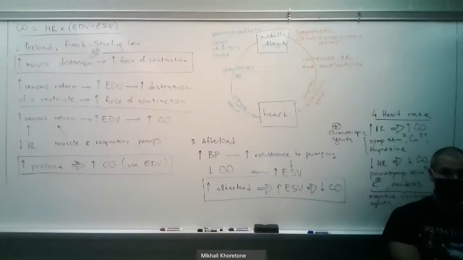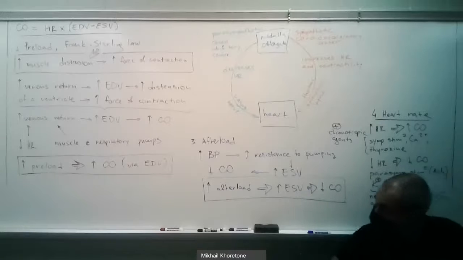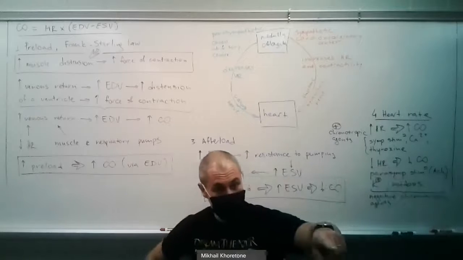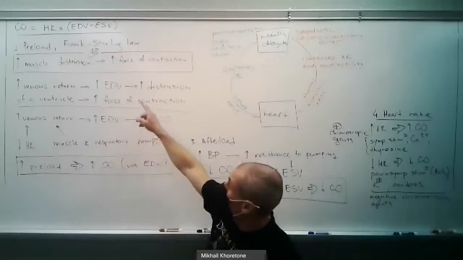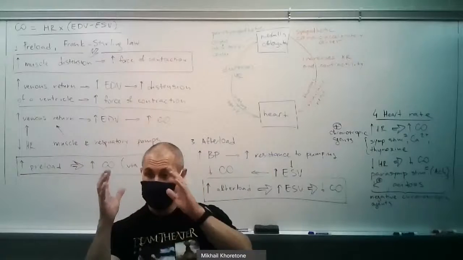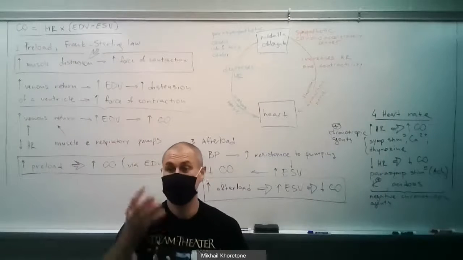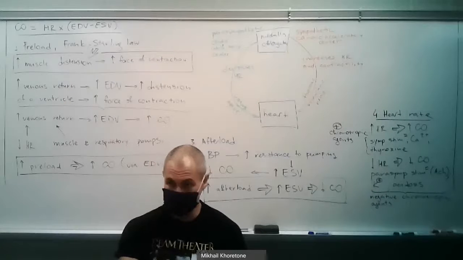Now, if for some reason a person develops at rest tachycardia, elevated heart rate, how does it affect preload? Decrease. Because remember, if you have higher rate of contractions, you have less time to fill the ventricle.